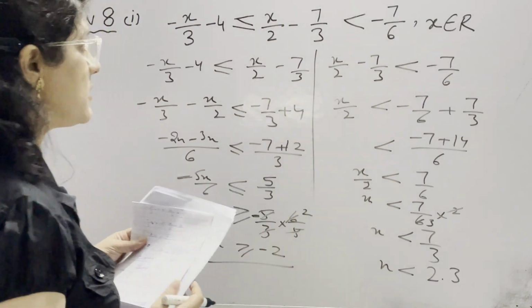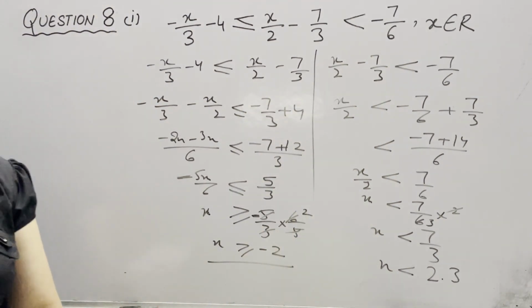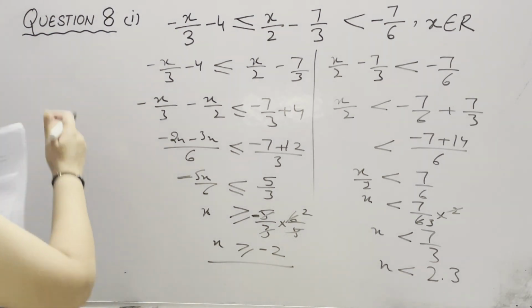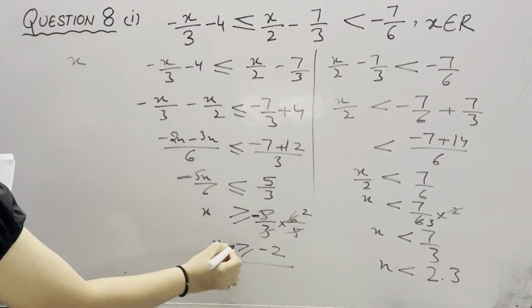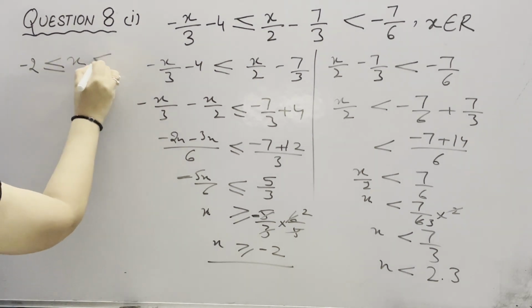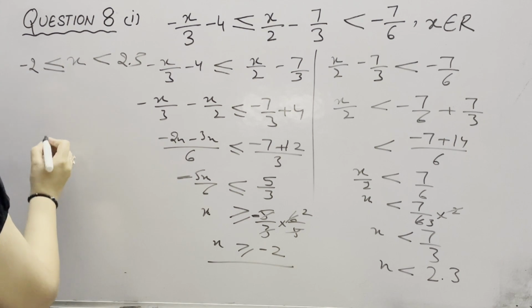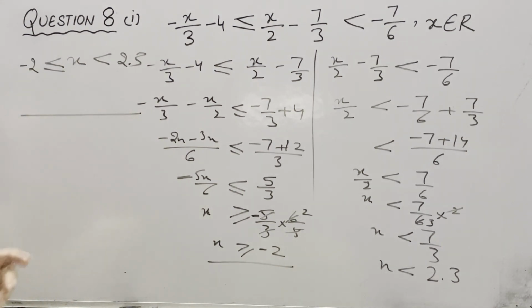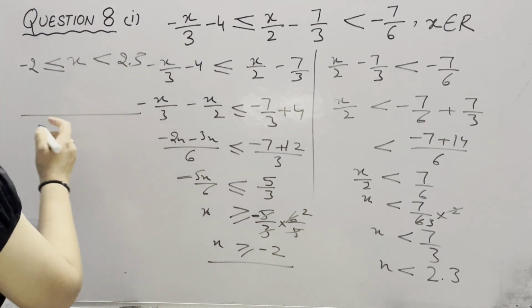Because we need to represent the solution set on real numbers, our complete solution is x is greater than or equal to minus 2 and less than 2.3. So for real numbers we need to draw the whole number line including negative numbers, 0 and positive numbers also.